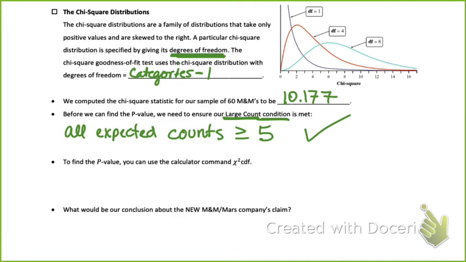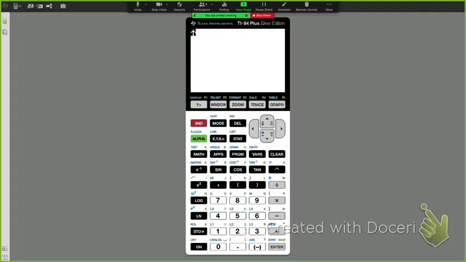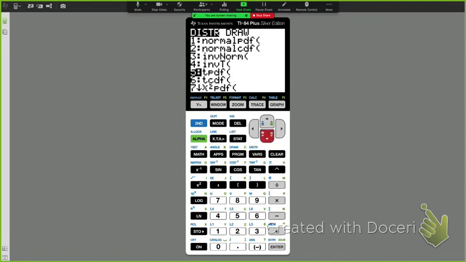To find the p-value, you are going to use a calculator command called chi-squared CDF. It is found in the same place as normal CDF, TCDF, inverse norm, all of those things. So let's go to second vars. And we're looking for chi-squared CDF.